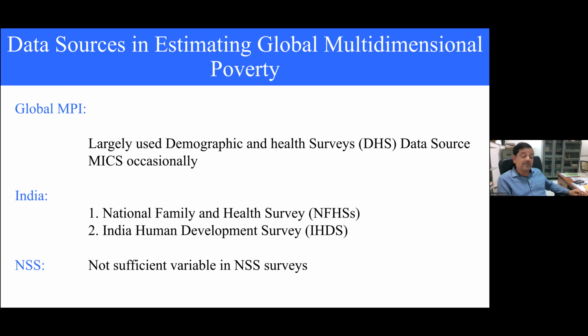And I personally believe that IHDS is a more appropriate data source to study or understand multidimensional poverty. As all of you know, the NSS data also has some questions in either the health survey or the consumption survey, but they are not adequate to measure multidimensional poverty in the Indian context.